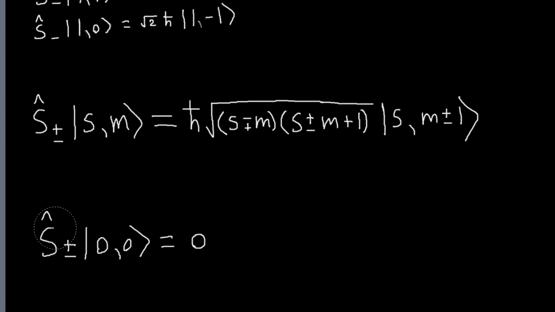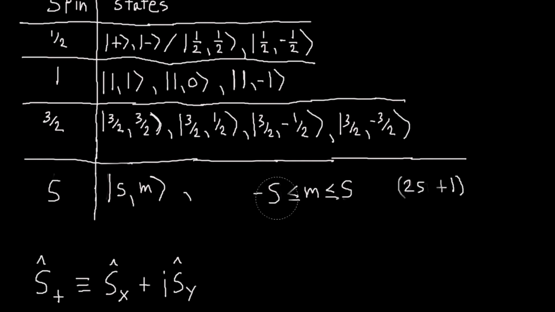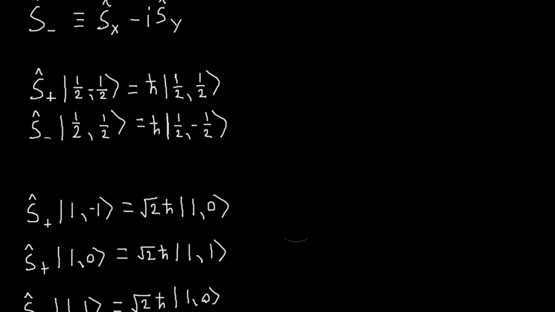And if you act s plus and s minus on this state, you should get 0. And you can just check that from this expression. If s and m are both 0, then this term is 0, so you just get nothing. And we'll see how this all comes into play when we take another look at our system of 2 spin 1/2 particles.